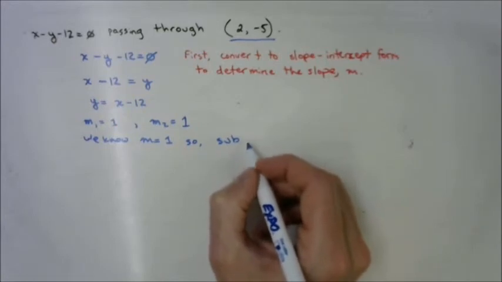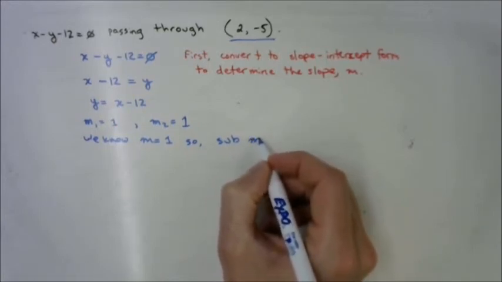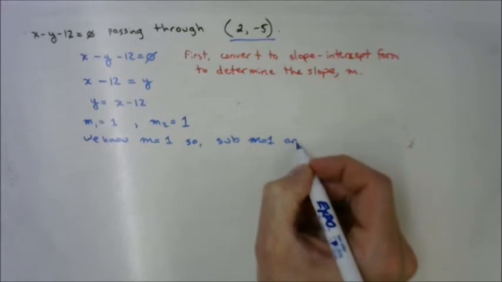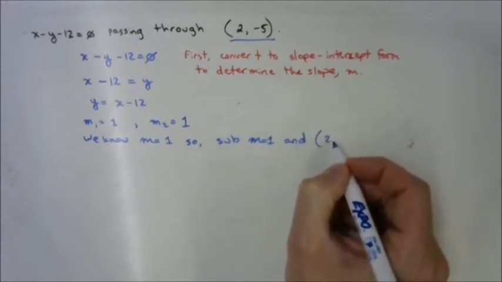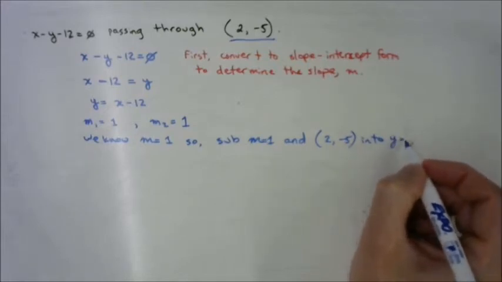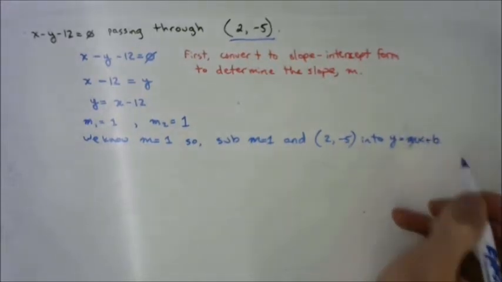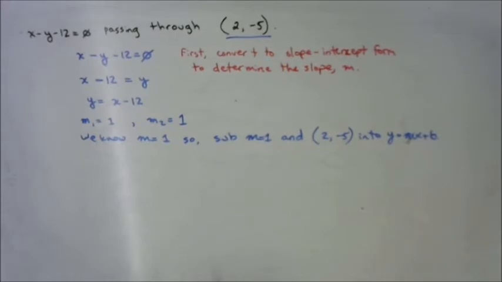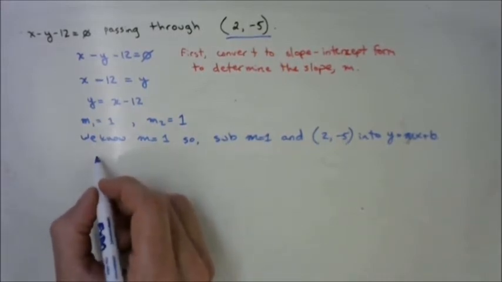So sub m equals 1 and the point 2, negative 5 into y equals mx plus b. Alright, so here's what that looks like.